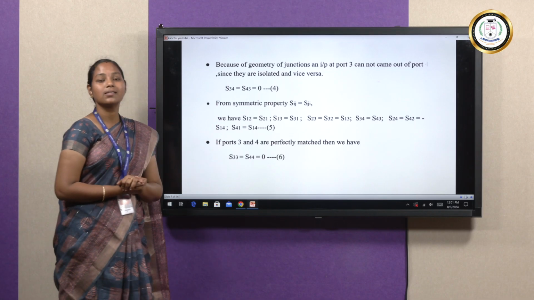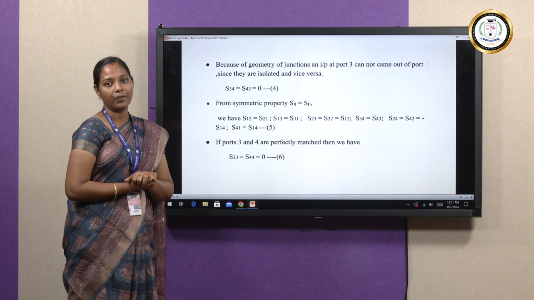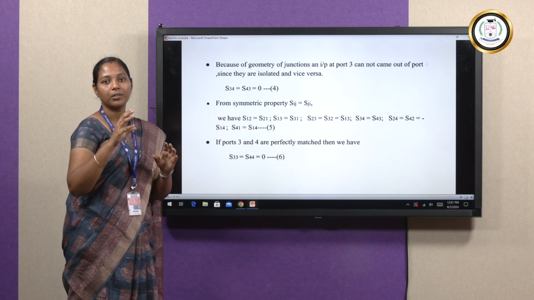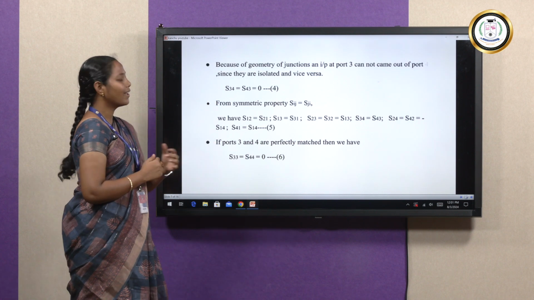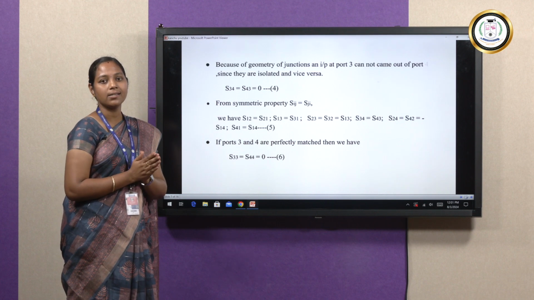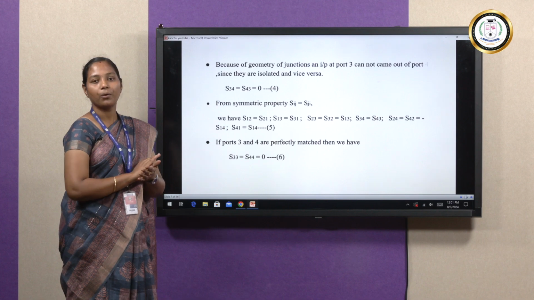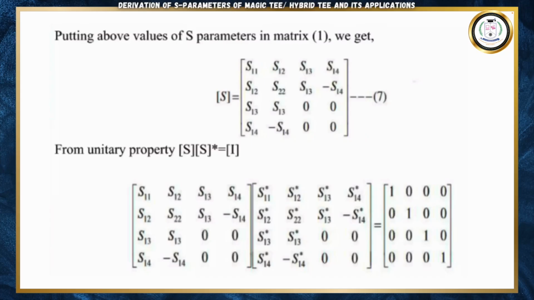The next thing is the zero diagonal we discussed in the properties. Zero diagonal means you are perfectly matched. So we are taking it for port 3 and port 4, right? We have mentioned S33 equals S44 equals 0. You can write S11, S22, S33, S44 all equal to 0 because everything is perfectly matched here. Next, we have to write the S parameters.